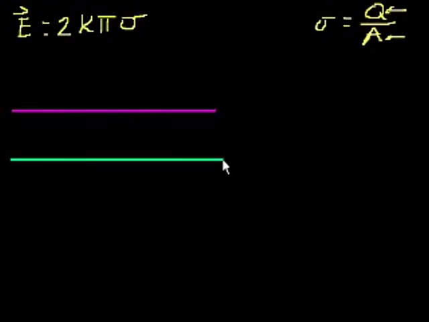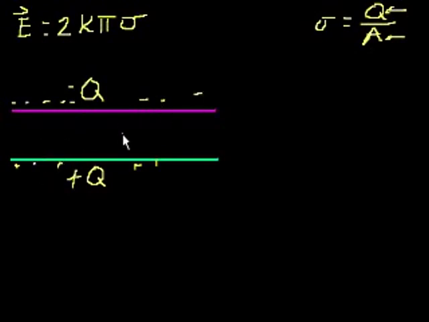And let's say that they're the same size, and they both have area A. And let's say that I place plus Q worth of charges here. So this is plus Q, so this is positively charged, right? I could draw a bunch of pluses here. And let's say this is minus Q. So this is negatively charged, right?